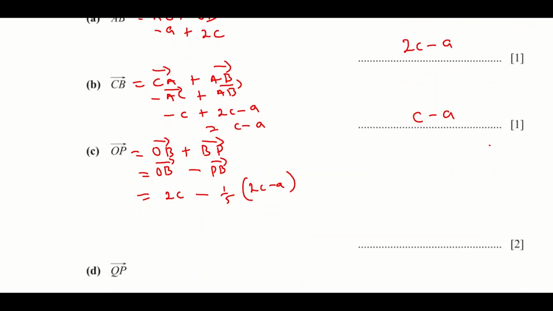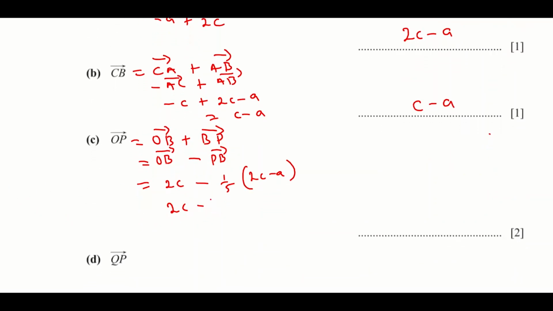So let's expand the bracket. This will be 2C minus 1 over 5 of 2C, or minus 2 over 5 C straight away, then plus 1 over 5 A. If you add them together, you should get 8 over 5 C, then plus 1 over 5 A. So we can factor out 1 over 5.